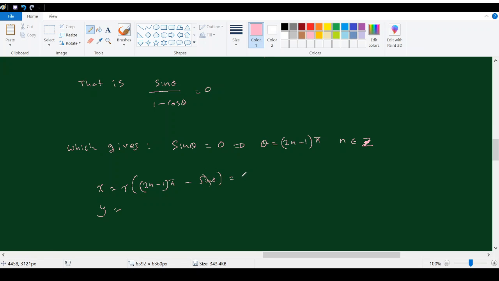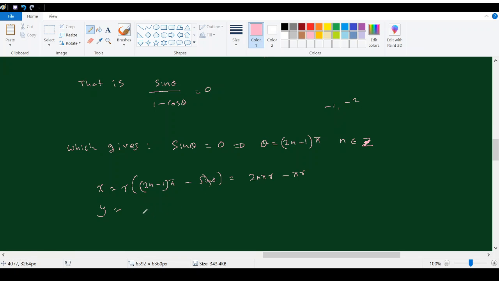So you will have r times 2n, I will write it like this. So you will have 2n pi r minus pi r, where n is an integer, that means 1, 2, 3 and 4, and also you can have the negative integers as well.